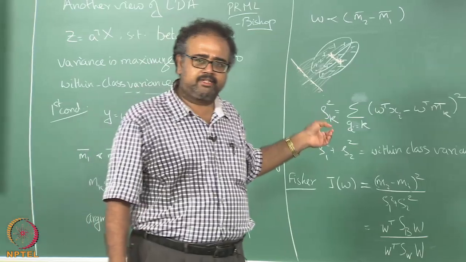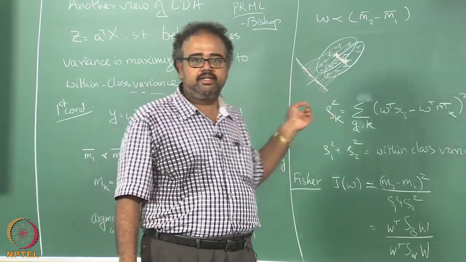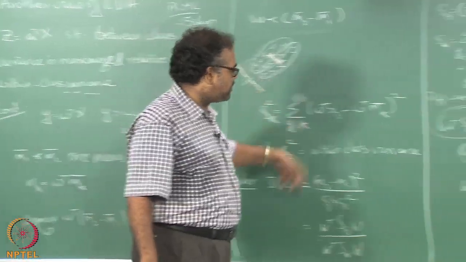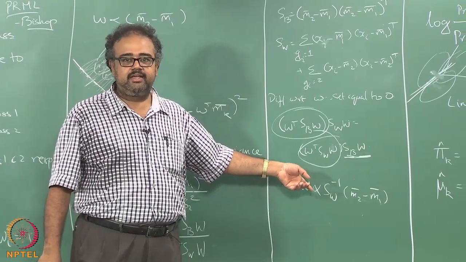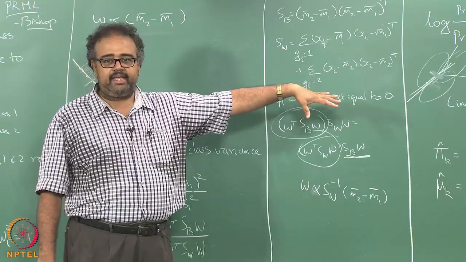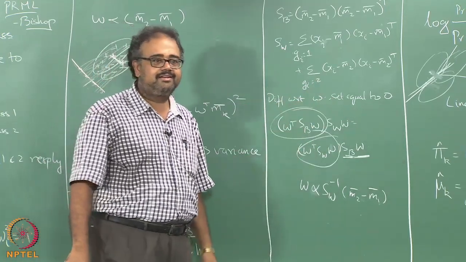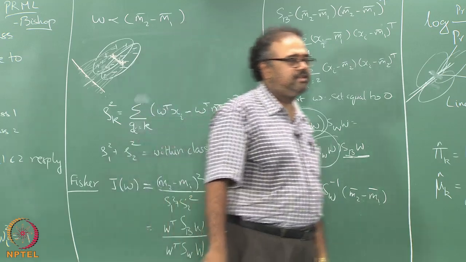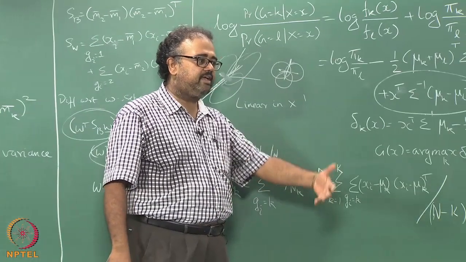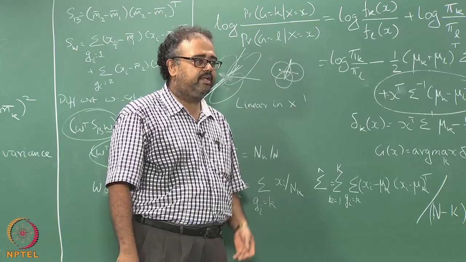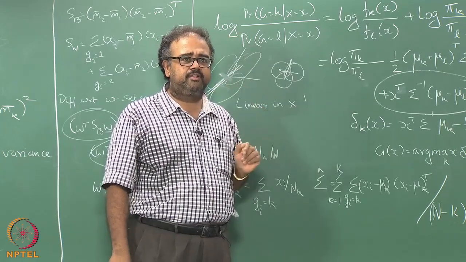We did not make any assumption about the class condition distribution, the Gaussian assumption is missing here. We worked only with sample means and sample variance and so forth. So it tells you that LDA does not work only when the distributions are Gaussian. Even when the underlying distribution is not Gaussian, there is a well defined semantics to doing LDA, right. People are with me on that so far?